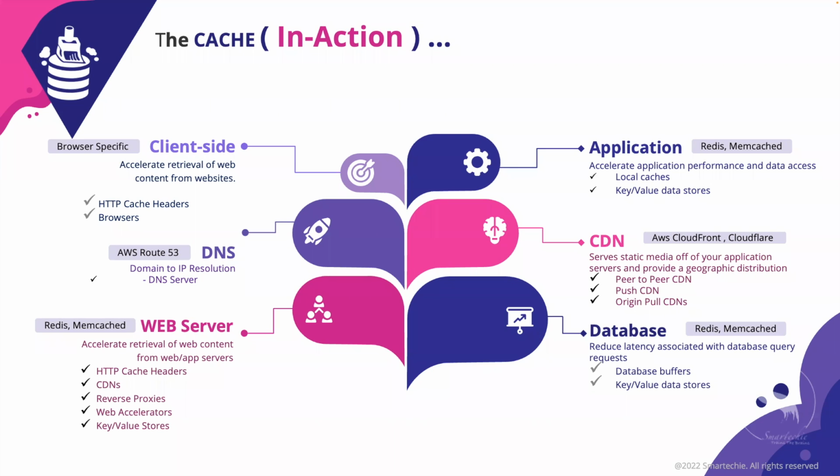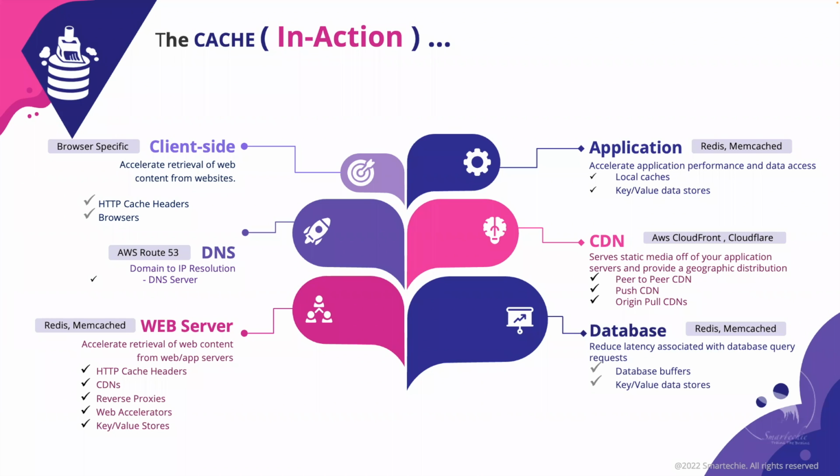It includes peer-to-peer CDN, push CDN, and origin pull CDNs. These kinds of services are provided by, for example, AWS CloudFront and Cloudflare, and similar services are also available in Google Cloud and Azure Cloud as well.